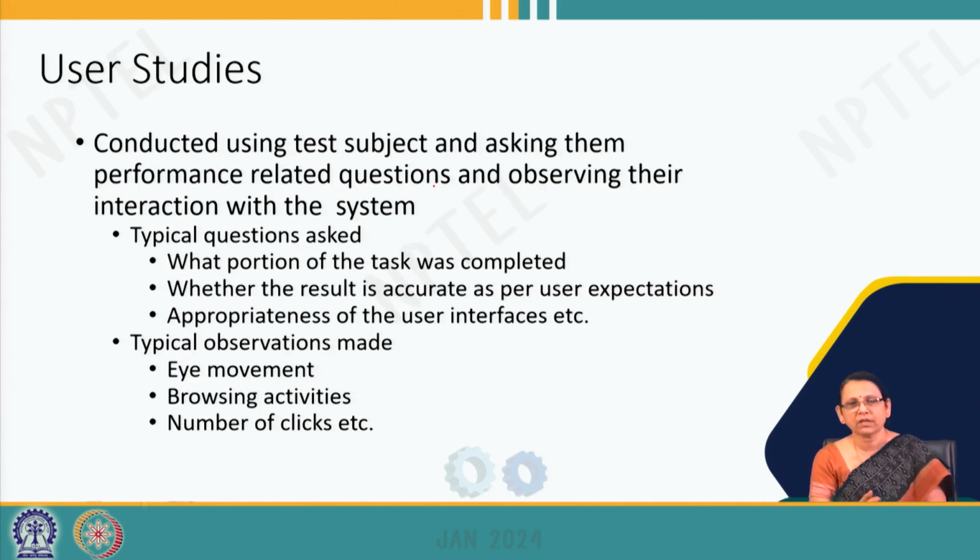Now, next come to the user studies. As I told you, user studies are conducted in a controlled environment. Controlled environment in the sense you have to have your own systems and take the users to use your algorithms sitting in the experimental environment that you have created.